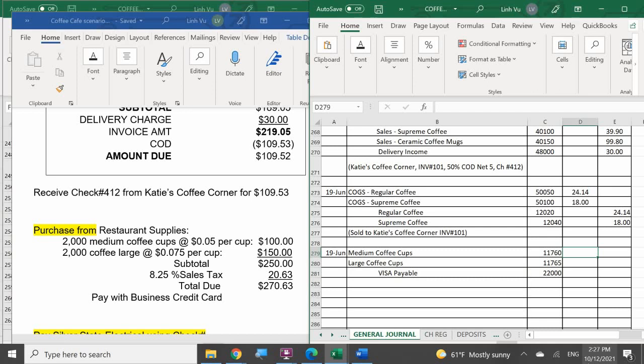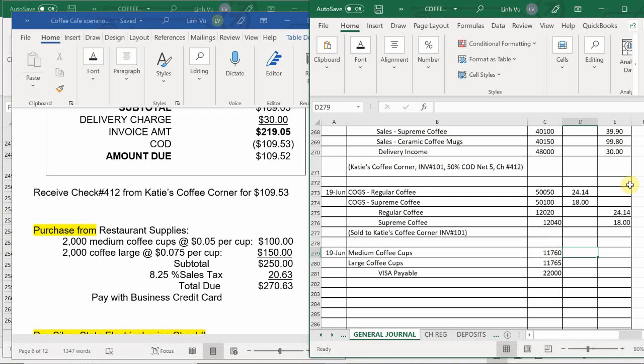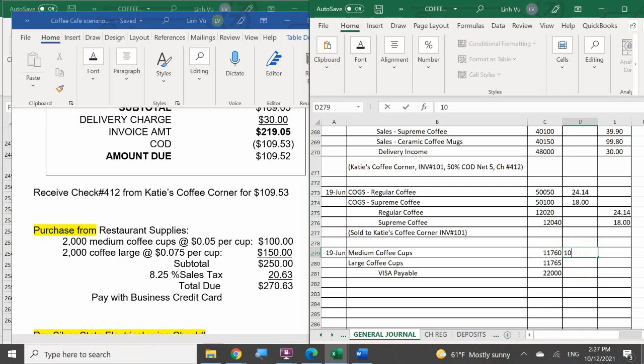So 100 times 0.0825 is $8.25, so 108.25. And 150 times 0.0825, so we have a $12.375 for this.